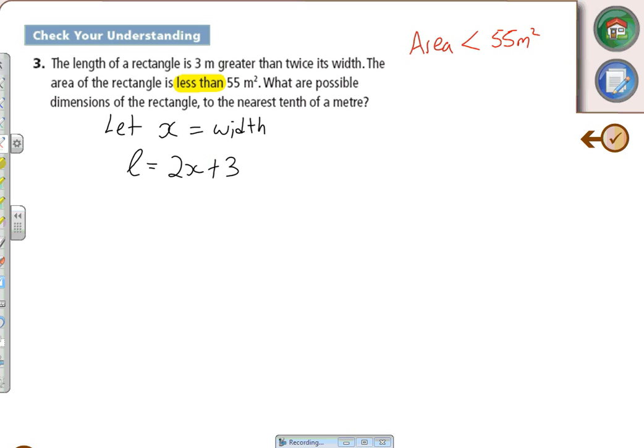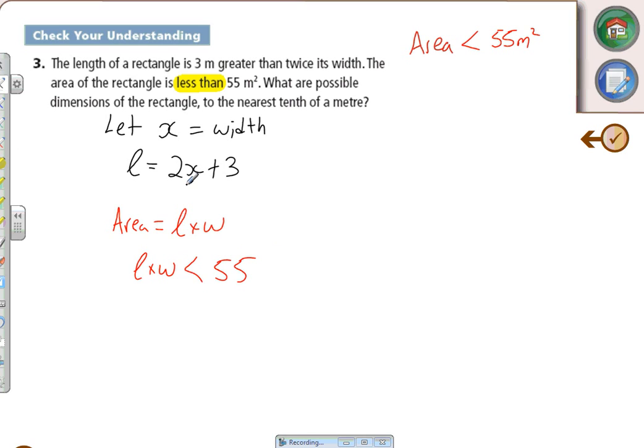All right. So area is equal to length times width. And just fill it in. Our area is 55. And actually I'm going to write it the same way that I wrote it up over here. The area, which is length times width, has to be less than 55.